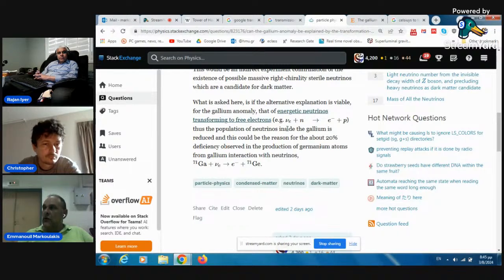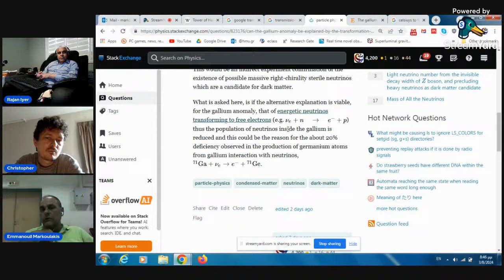If it's a tau neutrino, it does not make the transformation. And if it's a sterile neutrino, it also does not react. So if 20% of the time the electron neutrino becomes a sterile, right-handed neutrino, that's why there is this deficiency of 20% less than predicted.